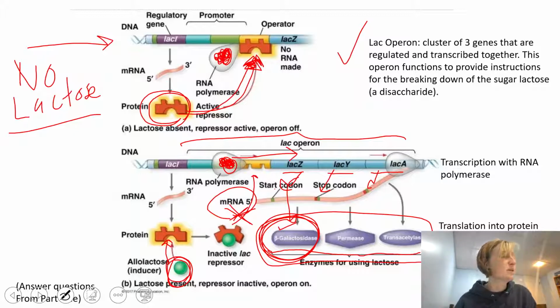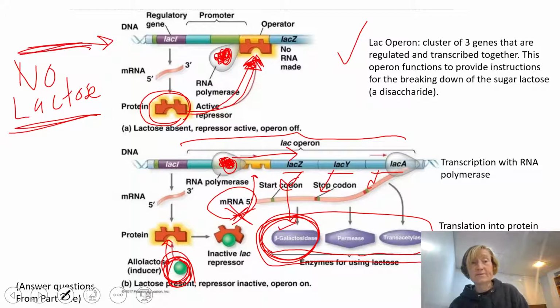What factor must be present in the environment in order for the lac operon to be induced in E. coli cells? Well, we have to have lactose, this little green blob, right? If lactose isn't present, then we're going to have a system like up here, where the repressor binds to the operator. But with lactose, we get this system, and we get the expression of the lac operon.